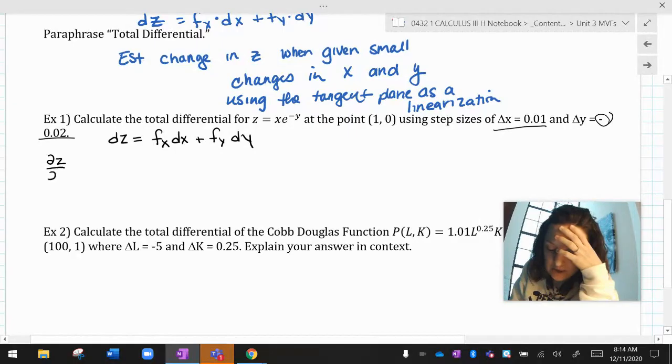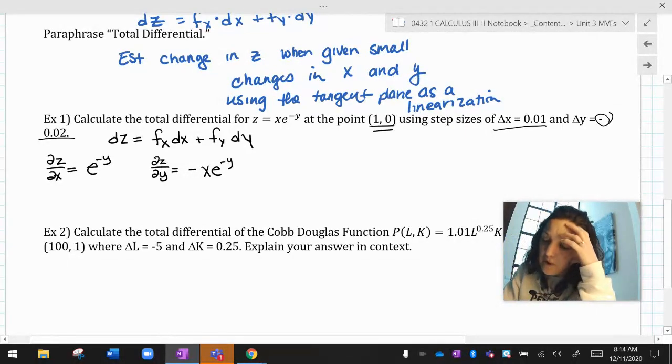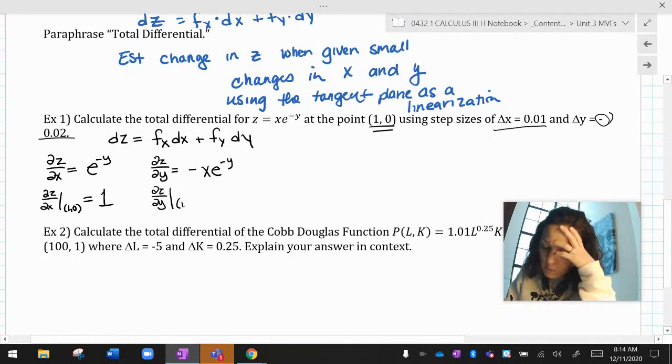So I need f sub x and f sub y. dz/dx is really just e to the negative y. And dz/dy is going to be negative x e to the negative y. And I'm supposed to find those values at the point (1, 0). So dz/dx at (1, 0) is going to be 1, and dz/dy at (1, 0) is going to be negative 1.